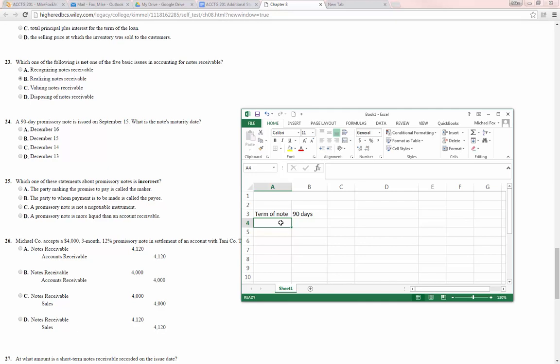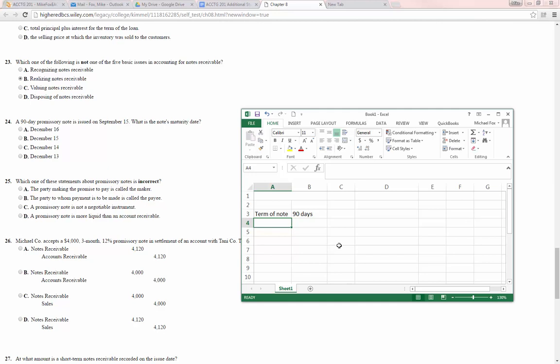Then I'm going to figure out how many days there are in each month. It says this was issued September 15th, but I am not going to include the issue date. Okay, that's how you do this. So you omit the issue date.